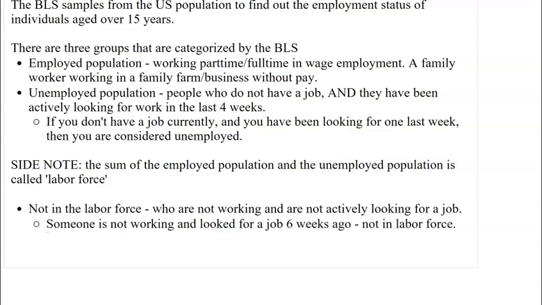So 4 weeks is a very strict cutoff. If you don't have a job and you looked for a job within the last 4 weeks, you're considered unemployed. If you looked for a job 5 weeks ago or 7 weeks ago, then you're not considered to be unemployed. You're considered to be not part of the labor force.